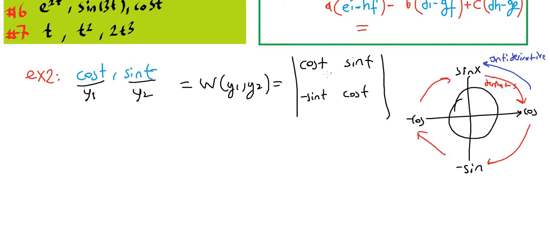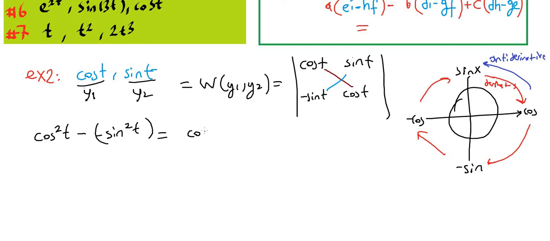Now we're going to determine the determinant by cosine t times cosine t minus negative sine t times sine t. So cosine t times cosine t is cosine squared of t, minus negative sine t times sine t is negative sine squared of t.